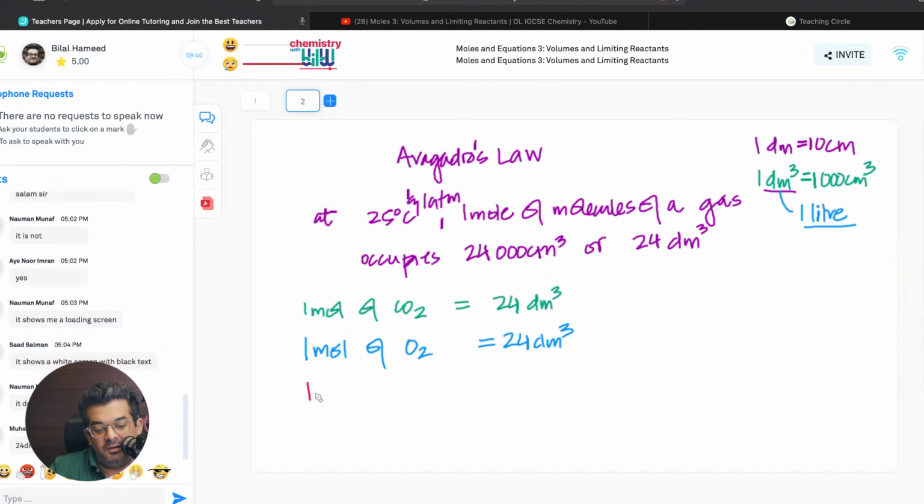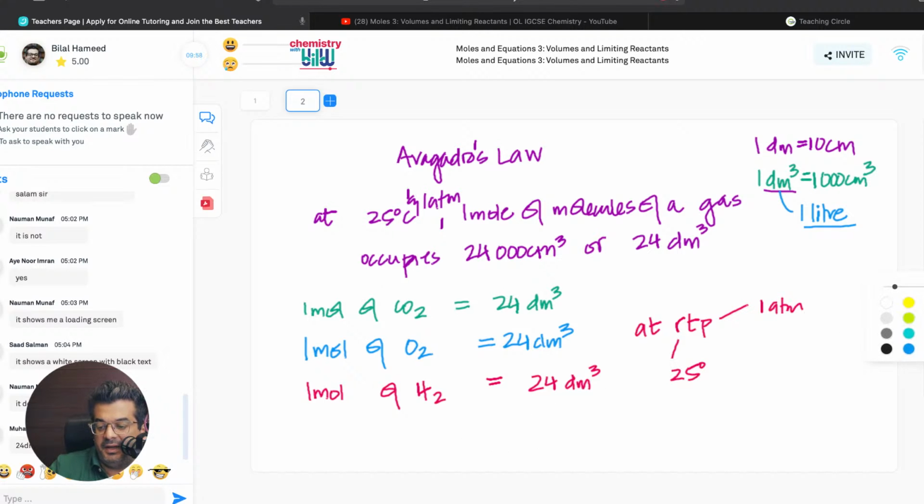And 1 mole of hydrogen too. These are, by the way, all measured at what we call RTP, room temperature of 25 degrees centigrade and pressure of 1 atmosphere.